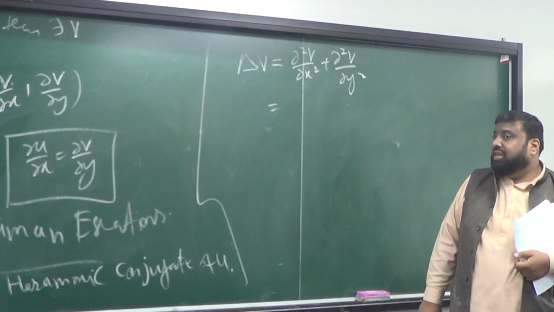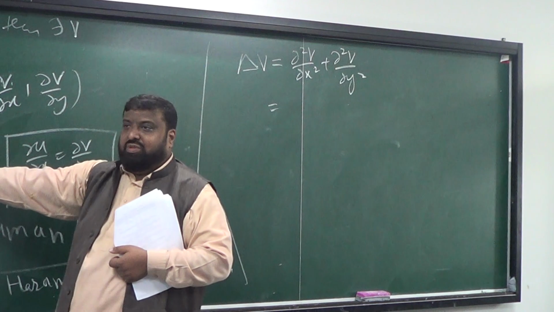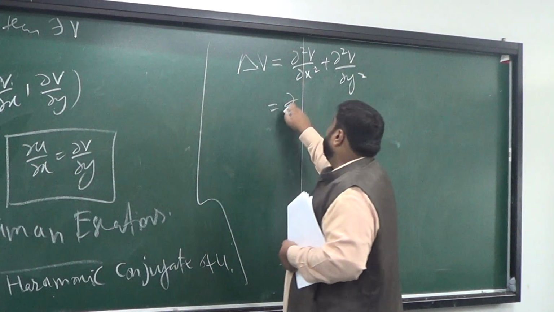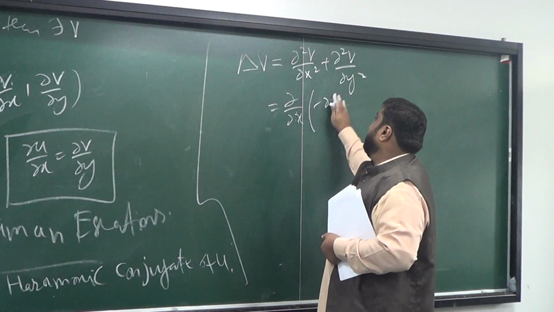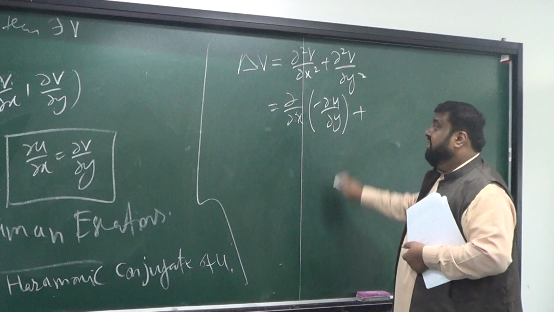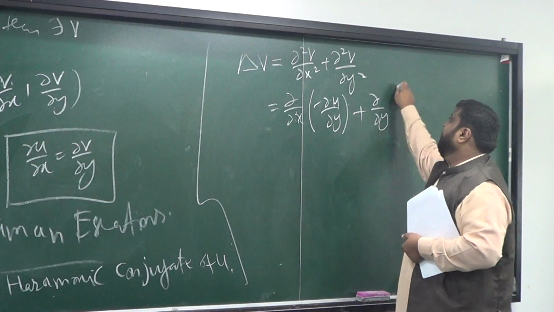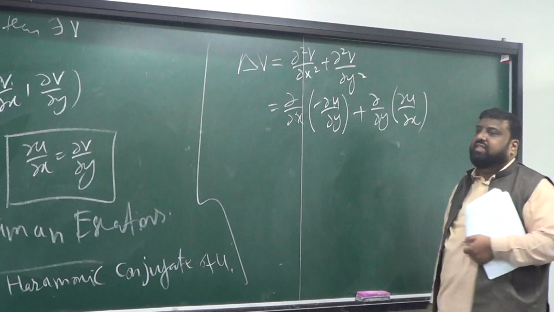I know U is harmonic and the partial V by partial x is minus partial U by partial y. So can I say this would be the same as partial by partial x of minus partial U by partial y? You have partial U by partial y and the partial U by partial x.